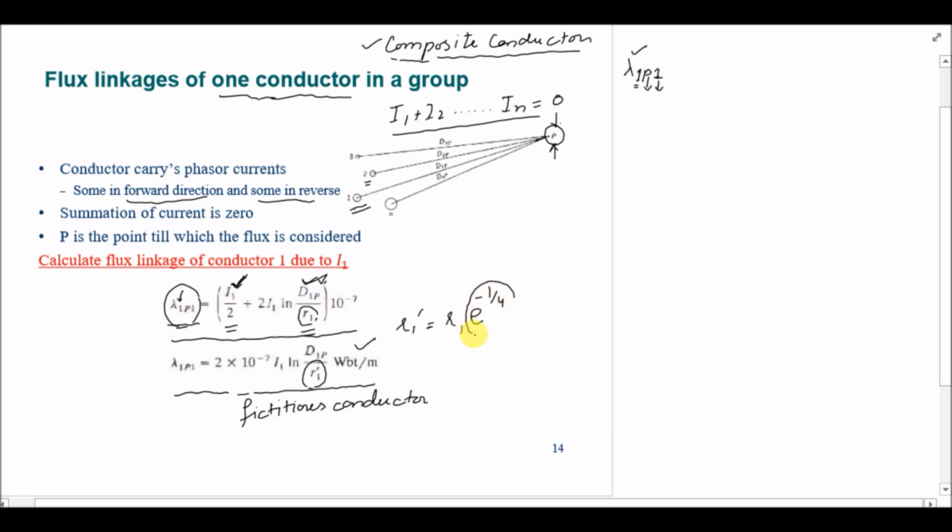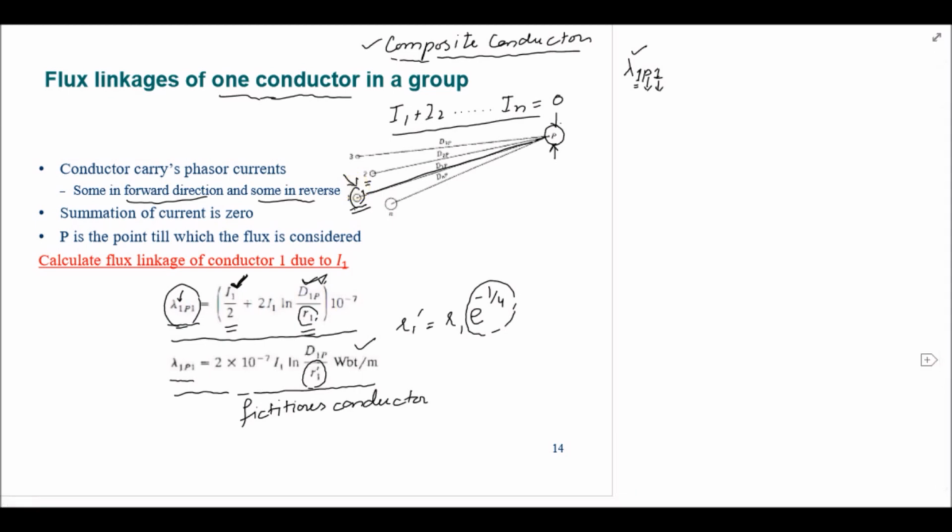This constant compensates for the internal flux. So this is the flux linkage value for conductor number 1 till point P due to the current flowing in conductor number 1.